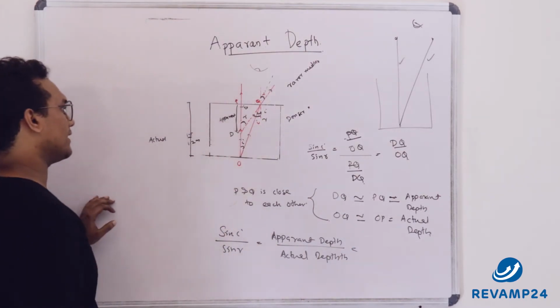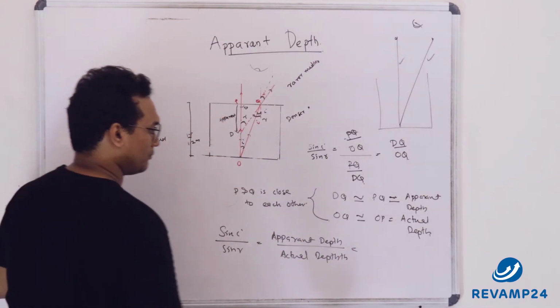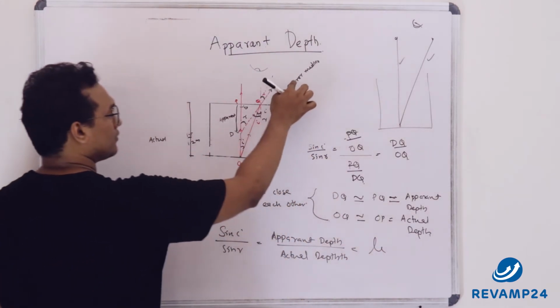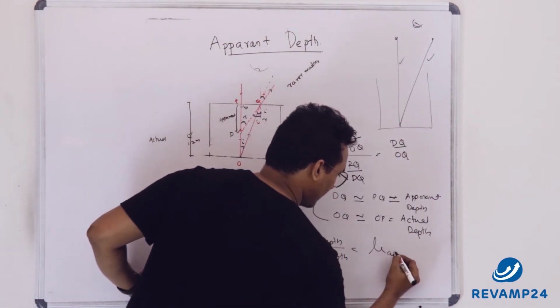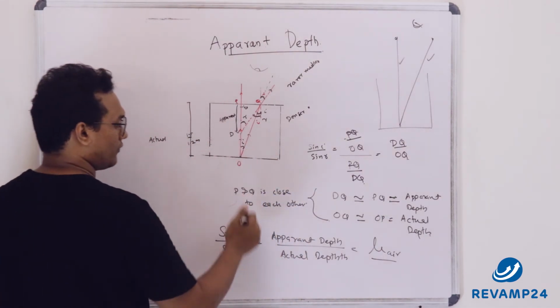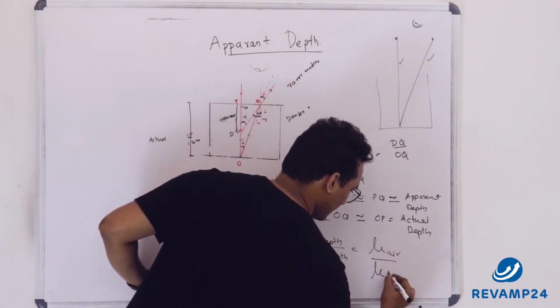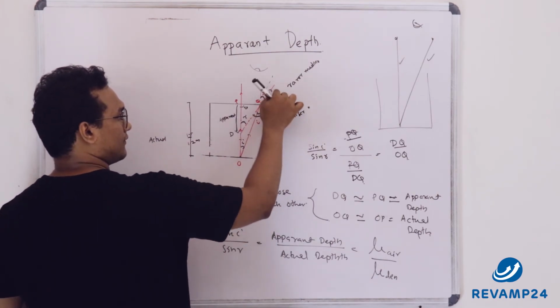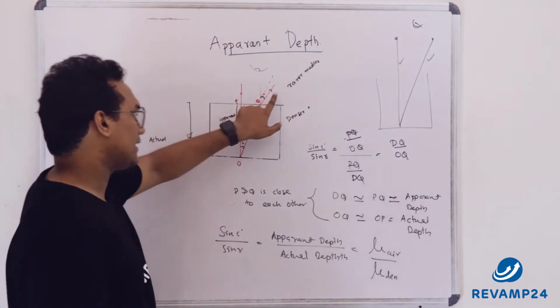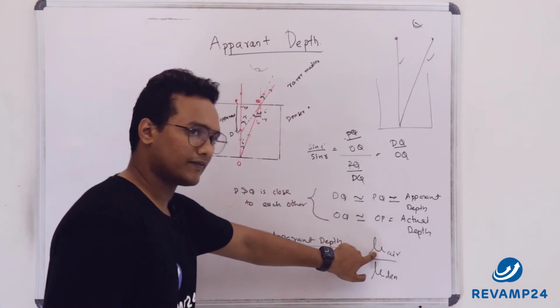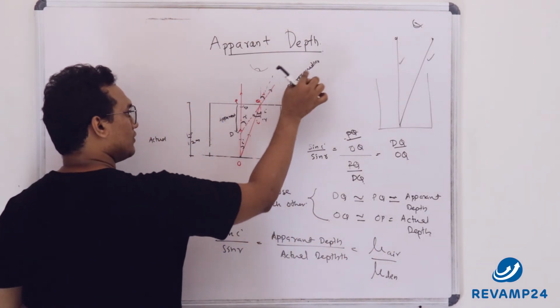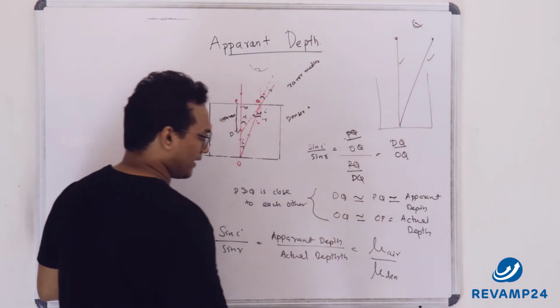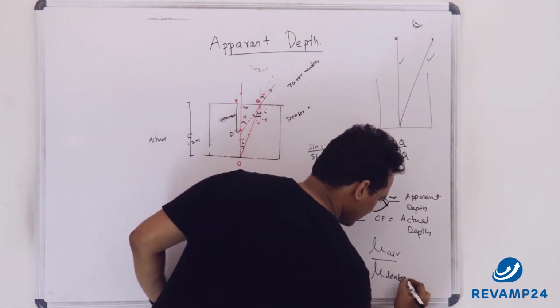Now sin I by sin R can be written as mu of rarer medium, so here it is air, divided by mu of denser medium. So refraction is occurring here, right? So wherever the refracted ray is, we have to consider the refractive index of that. So refracted ray is now in rarer medium. So rarer medium is air. This is denser medium.